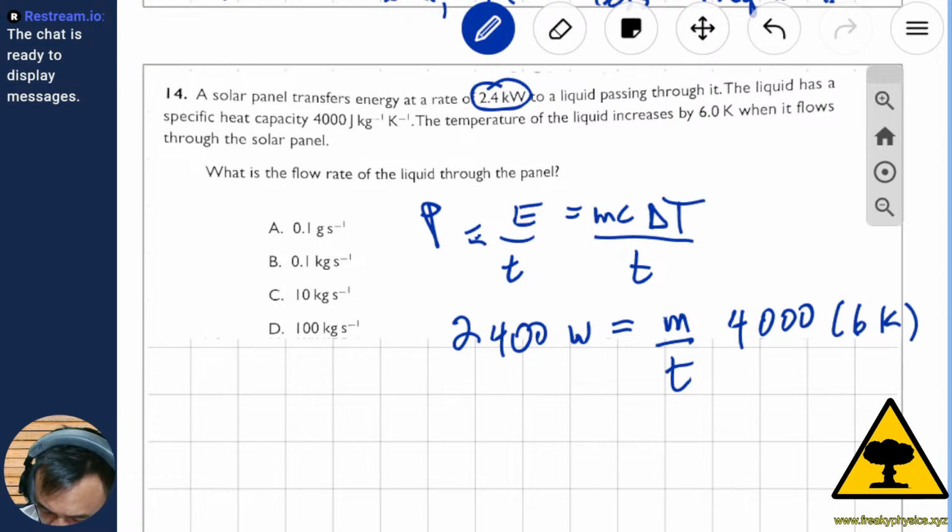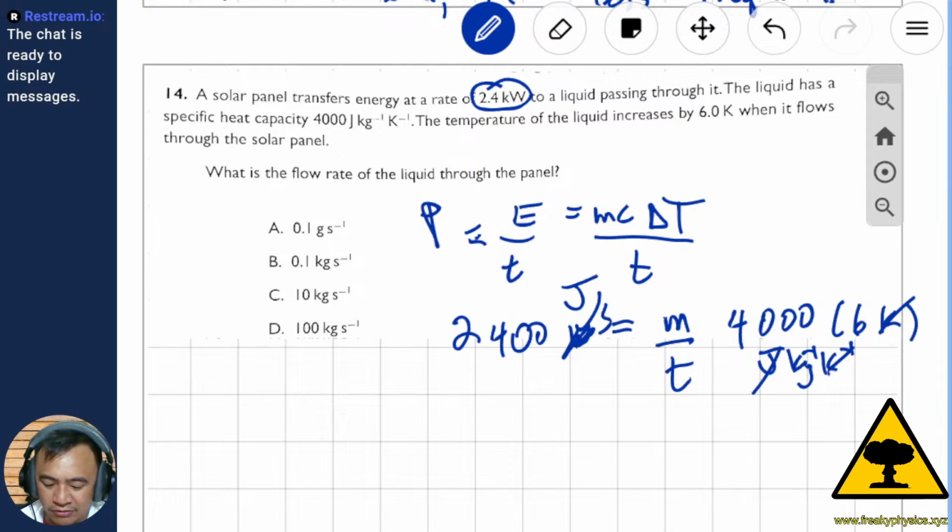Okay, so what's the unit here? Joules per kilogram per Kelvin, right? So this Kelvin cancels out, and then let's replace the watt with joules per second. So the joule here and this joule here cancel out. So from here, it's very easy to get the m over t, and that's the thing we need.